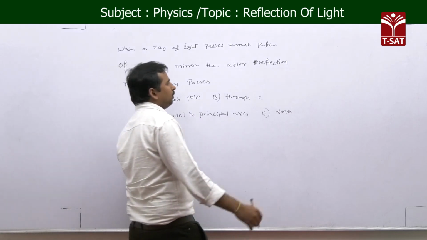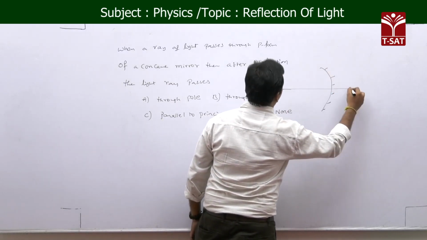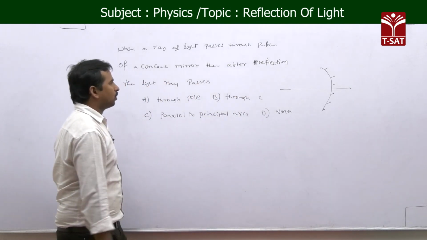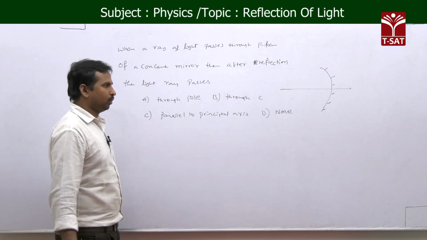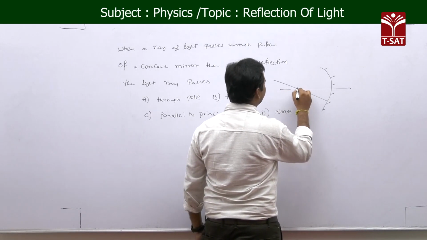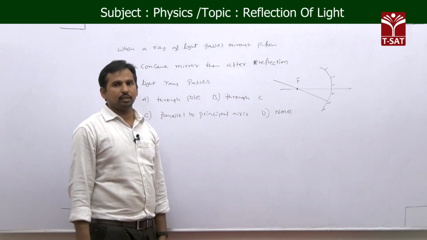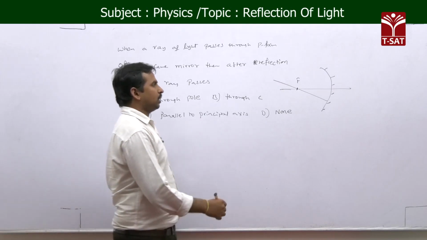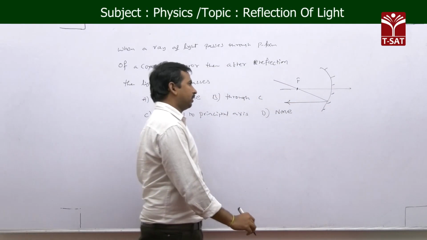Now, if you remember the rules for drawing ray diagrams as we discussed before, the light ray is passing through the principal focus of this concave mirror. Following rule 2, after reflection the light ray has to pass parallel to the principal axis, like this.